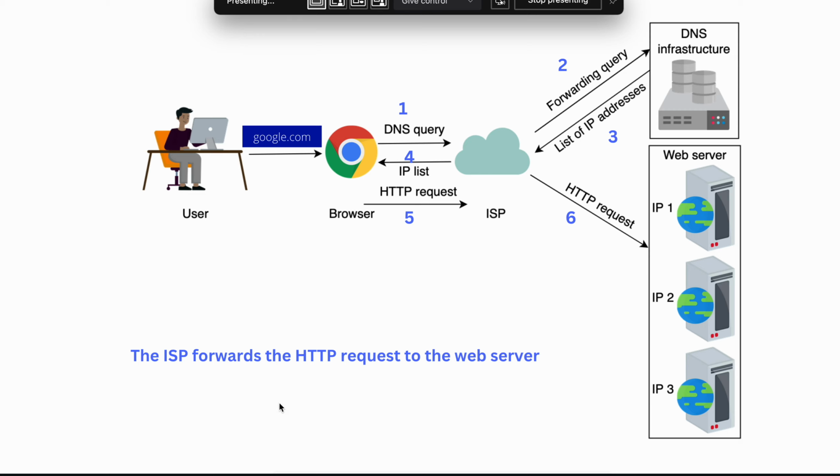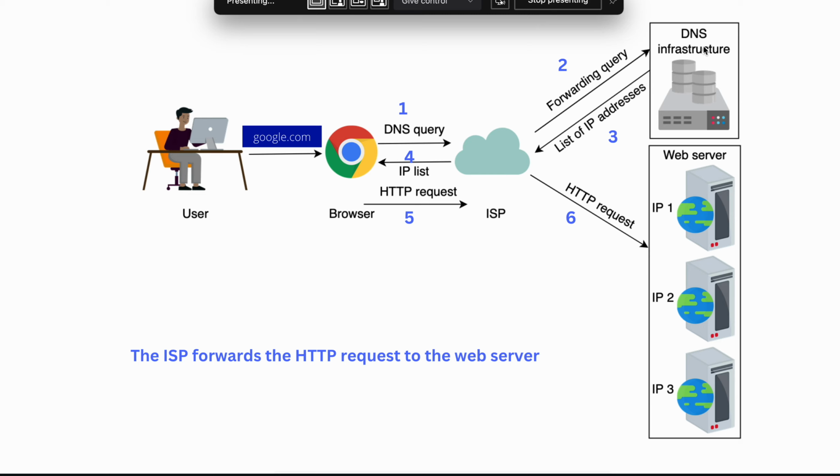Suppose a new website has been launched. Definitely the domain name and IP address will be in the DNS infrastructure, right? So if you are opening a very new website, whose data is only there, the ISP will not have that mapping. The ISP does not know about that website.